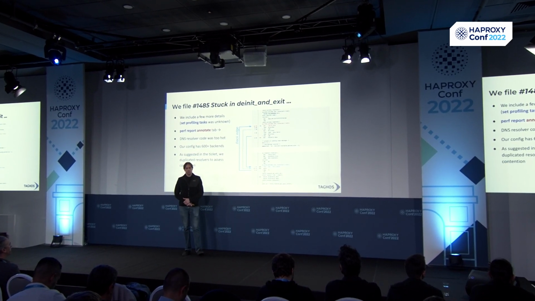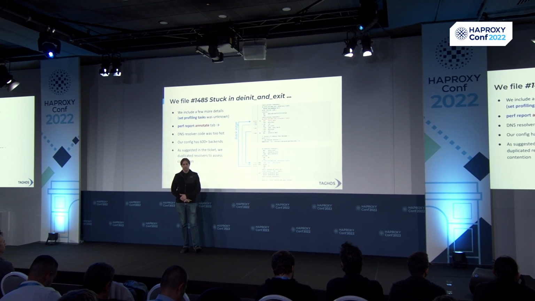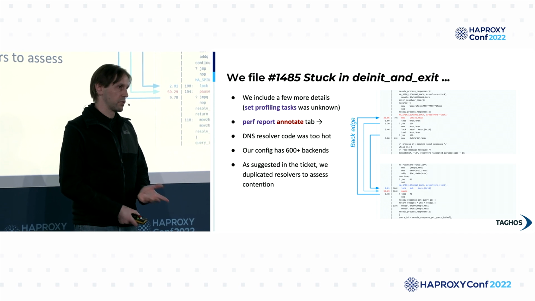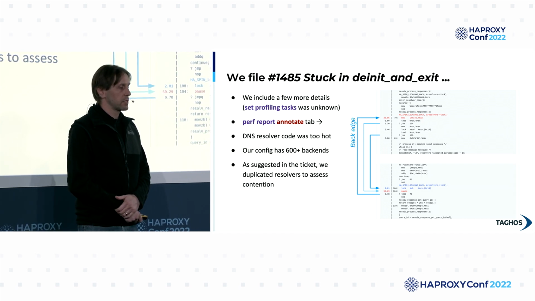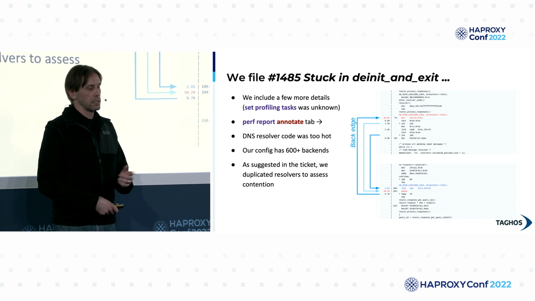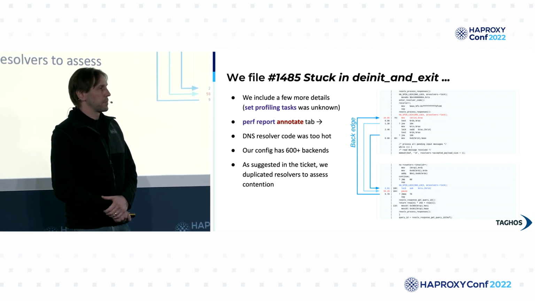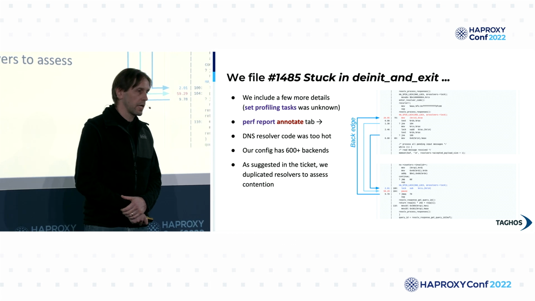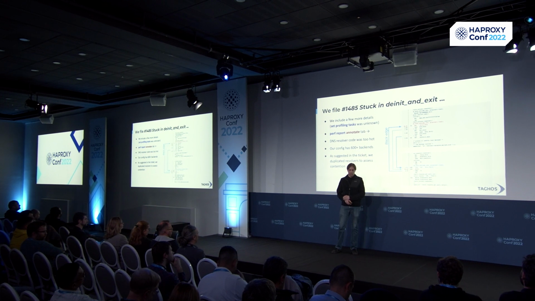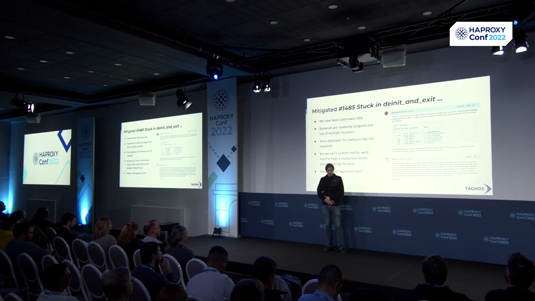Because our config file has more than 600 backends, we use threads, and this was in the DNS resolver code. We got a suggestion in the GitHub ticket to use more resolvers as a means to distribute the thread contention. And we did that.